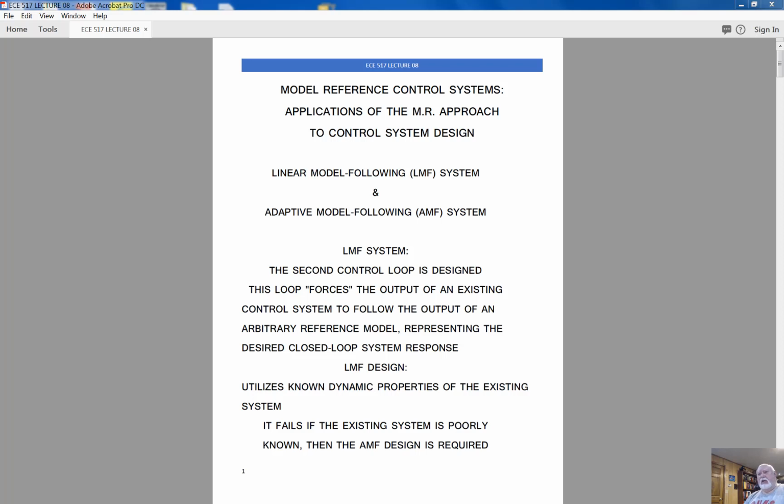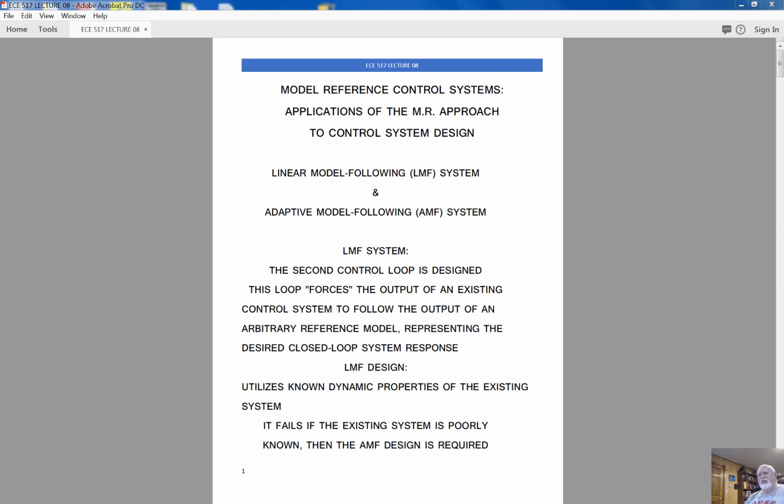Now we will talk about model reference control systems. We will talk about the application of this approach, model reference approach, to control system design. We have two issues. The first issue is building a linear model following system.